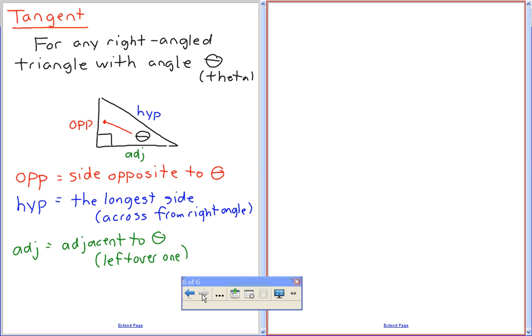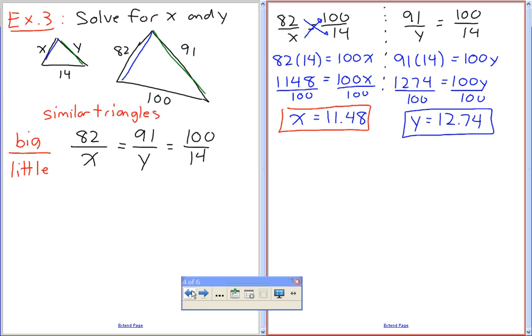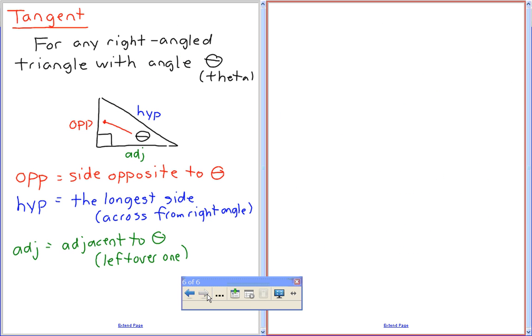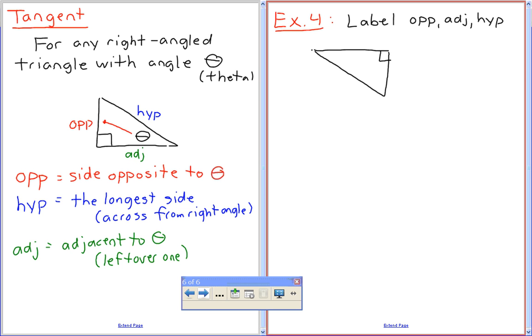Here we go. Example 4. I'm going to draw a funny looking triangle that looks sort of like this, and I'll put theta right here.